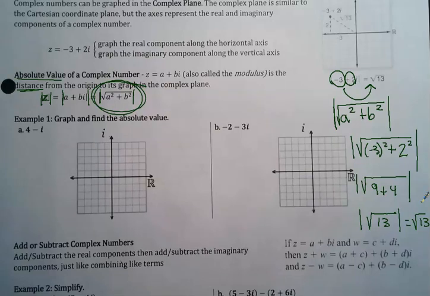Now, let's look at the examples. See if we can get some stuff there. Graph and find the absolute value. So in A, remember, we have 4 minus i. This is our real component, 4, and negative i is our imaginary component. So we're going to graph a positive 4. We're going to go over 4: 1, 2, 3, 4.